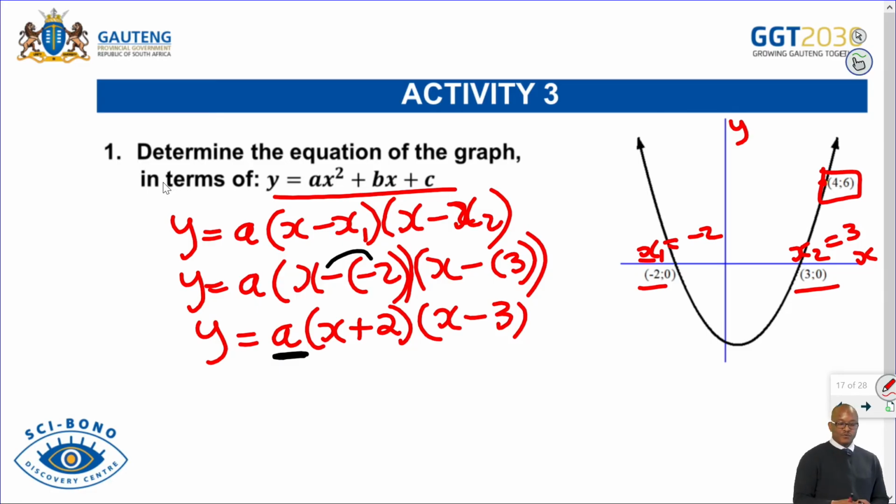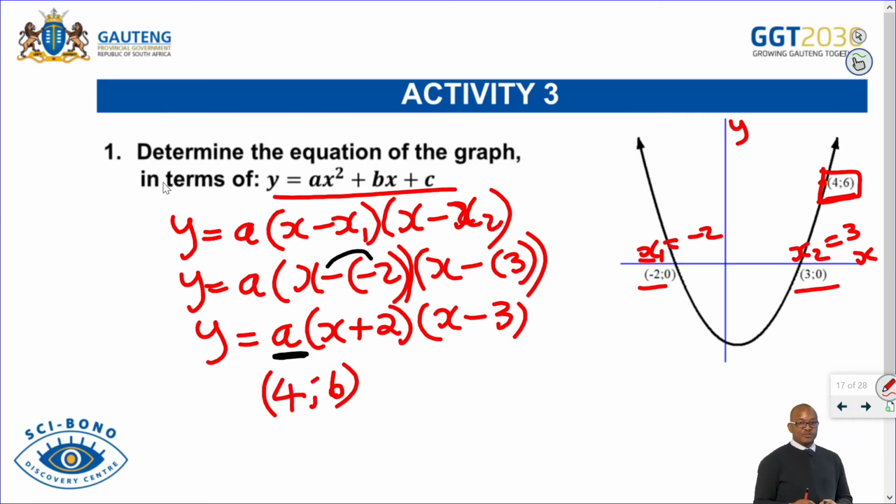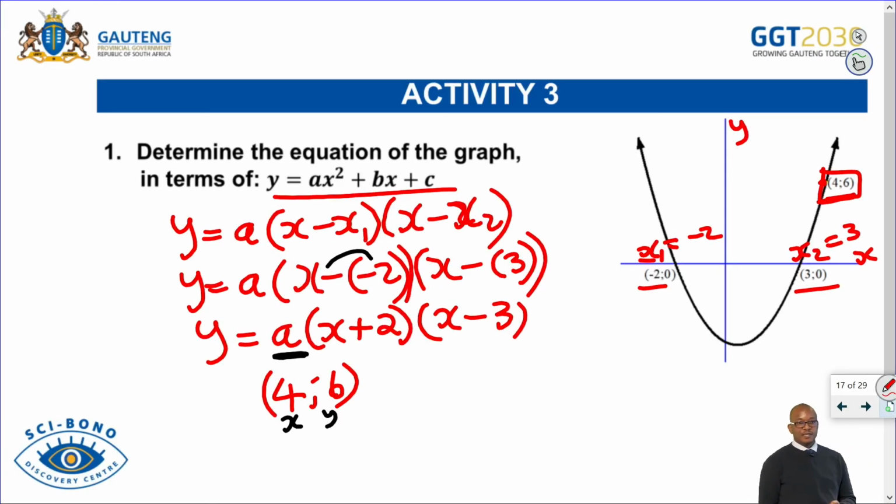So now we can see that we don't know the value of A. That's why we have one point on the graph, which is 4 and 6. The point on the graph, 4 and 6, will help us to determine the value of A. And how are we going to determine the value of A? I will substitute 4 where there is x, and substitute 6 where there is y.